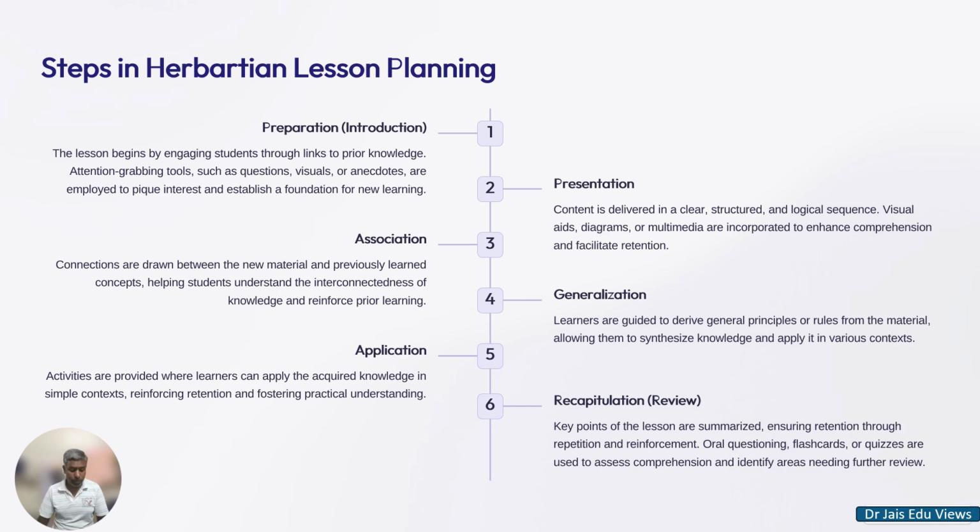Then the third one is association. That is very important. It is nothing but drawing connections between the new material and the previously learned concepts. Whenever we provide a very good association of content with old learning materials or old learning concepts, then the learners may learn very easily and quickly.